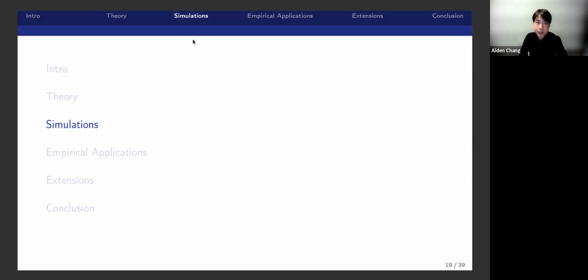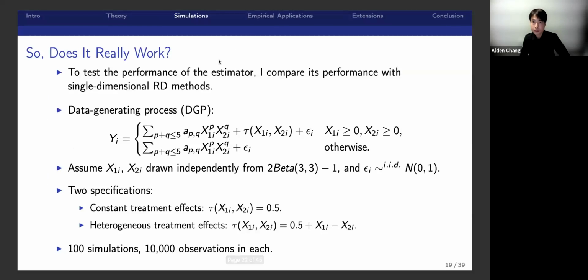Okay, so now I'll move on to some simulation results to see how this MRD estimator does. Basically, I'll be comparing its performance with a number of commonly used single-dimensional RD methods. The true data generating process will be based on a fifth-order polynomial, and I will have two specifications.